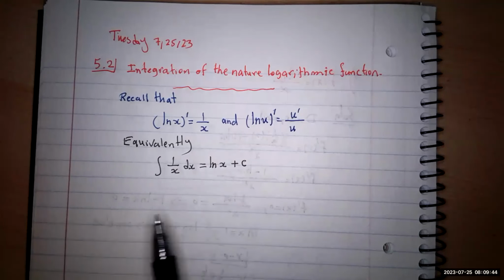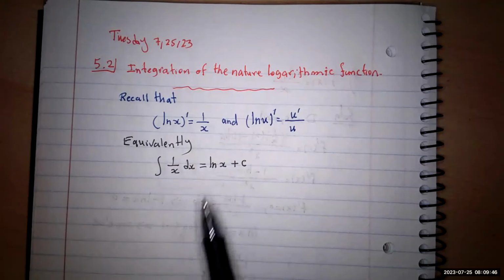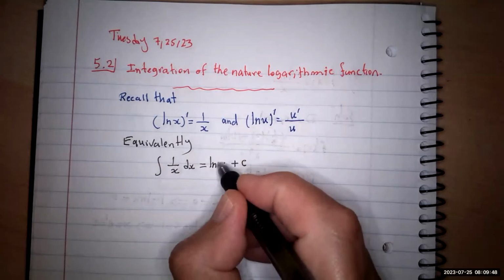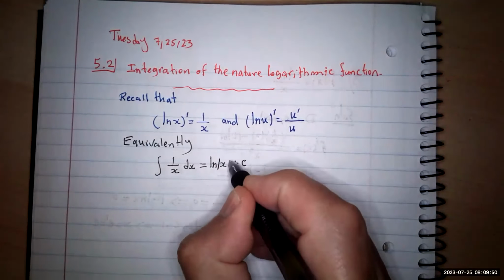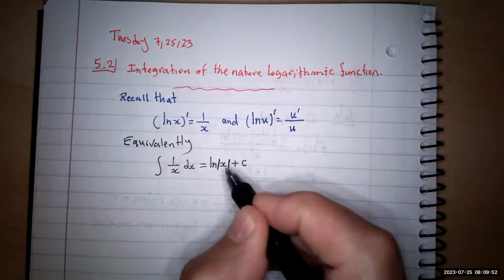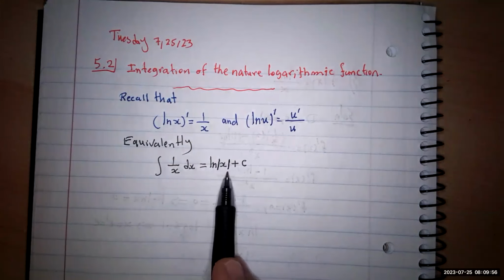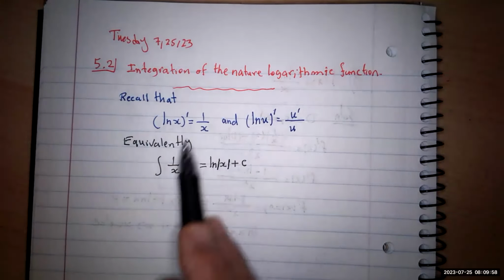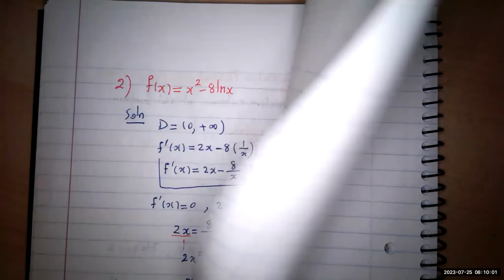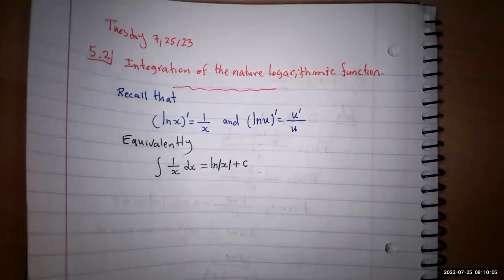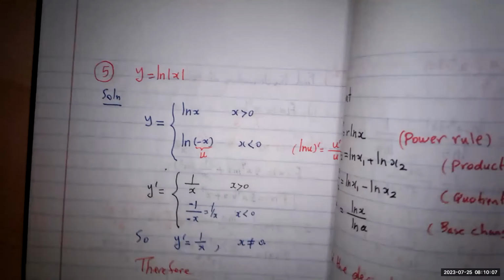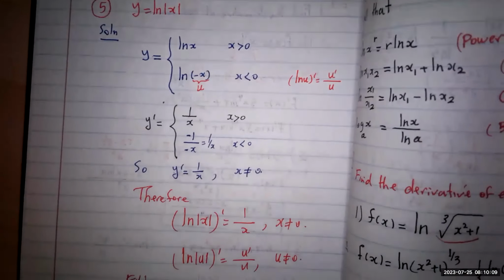So what we do is, instead of writing ln x, we always write ln of the absolute value of x. And we already proved it for you. Remember, we proved that the derivative of ln of the absolute value of x is also 1 over x. We did this as a remark the other day because we knew that we were going to use it.